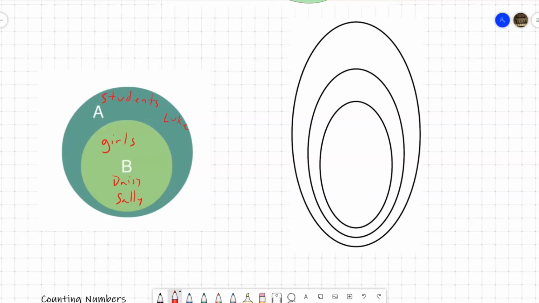All of the students would fit into this whole bigger circle, but girls would be a smaller group within a group. And so later on we'll talk about this. We'll call them sets and subsets. But for now, you just have to realize that this is just a group within a group. So all of the girls in our class are students, but not all of the students are girls.